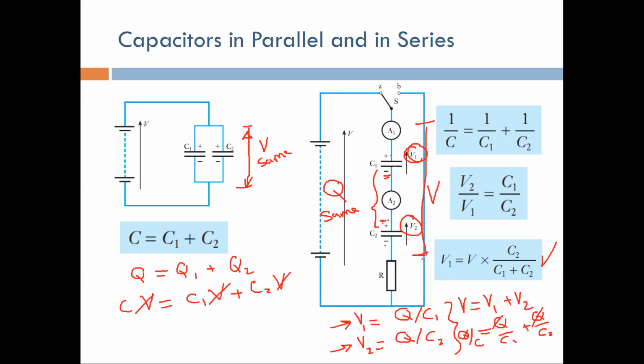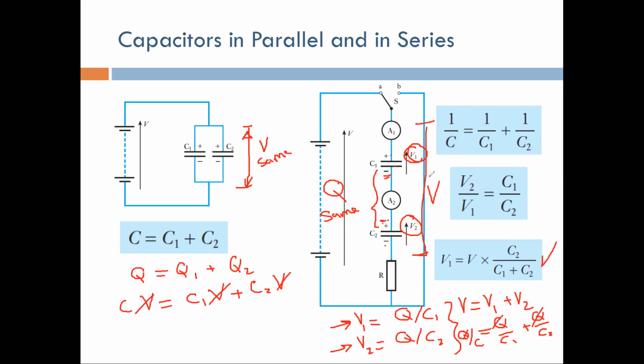And V1, if you know the total voltage difference across both of them, is going to be V times C2 over C1 plus C2. It's exactly the opposite of the potential divider that we saw before with resistance. Instead of R1 over R1 plus R2, here it's C2 over C1 plus C2.